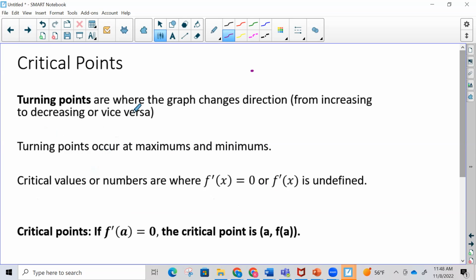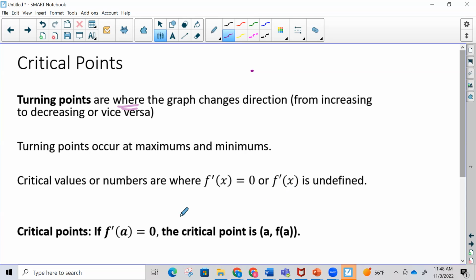Then we have these turning points, and the turning points are, again, an x value where the graph changes direction from increasing to decreasing or vice versa. And turning points occur at maxes or mins. Now in calculus, we have another term for it. We have these points called critical values or critical numbers, and they're where the derivative is equal to 0 or undefined.